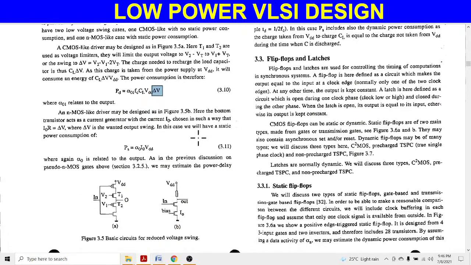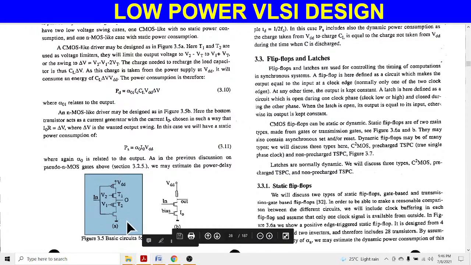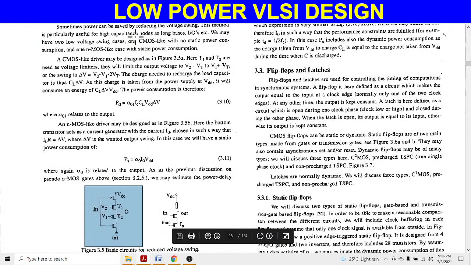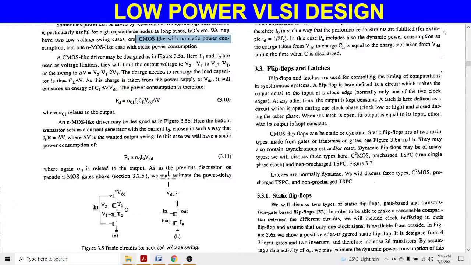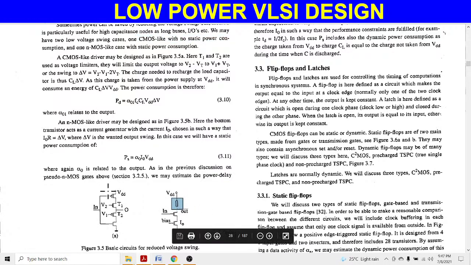Okay, so one more thing, here we discussed the first circuit. Here in the first circuit we connect two transistors. This circuit is known as the CMOS circuit with no static power, and the second circuit is known as the NMOS circuit with static power consumption. Okay, so in the NMOS circuit, no PMOS transistor is connected. Instead of using a PMOS transistor, one extra load resistor is connected with the circuit.